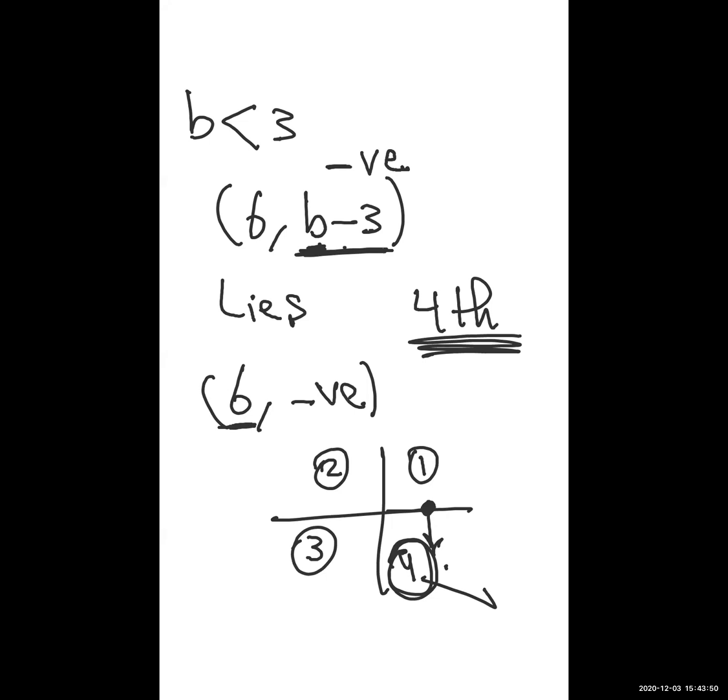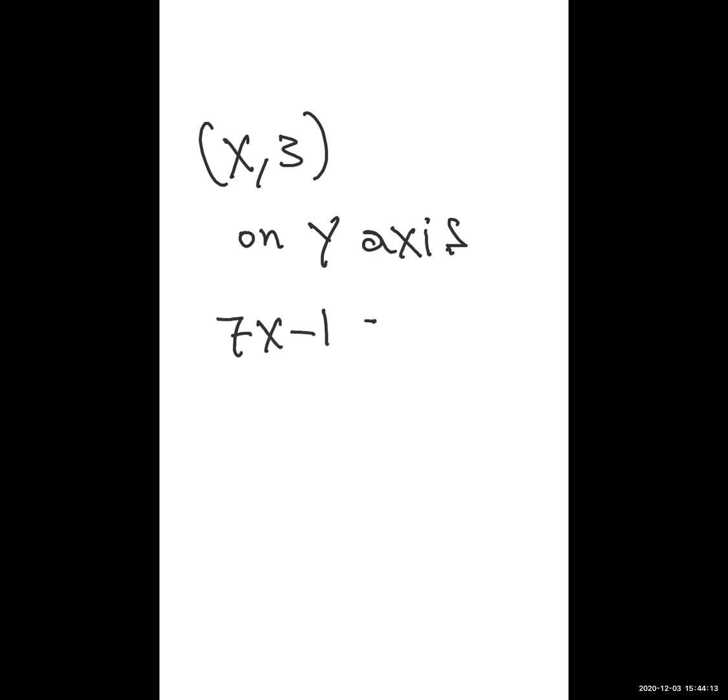Question number 3. If the point (x, 3) lies on the y-axis, then 7x minus 1 equals. It lies on the y-axis, so of course there is no x coordinate, like this.